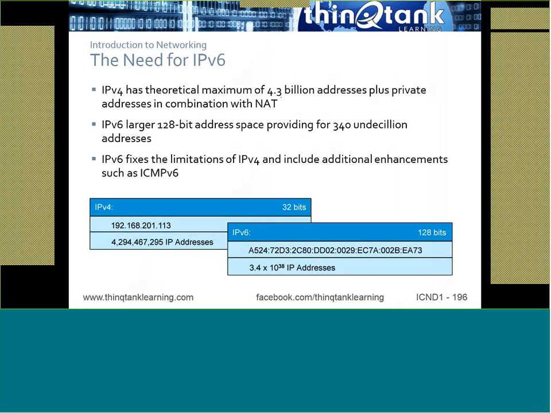If you think about just having one address per person on the planet, it's not enough. But you think about all of the devices that you have attached to the network, one person can't just use one address. You're going to need lots and lots of addresses. So IPv6, because the address space is 4 times larger, exponentially has many more addresses, 340 undecillion addresses. That's 3.4 times 10 to the power of 38.